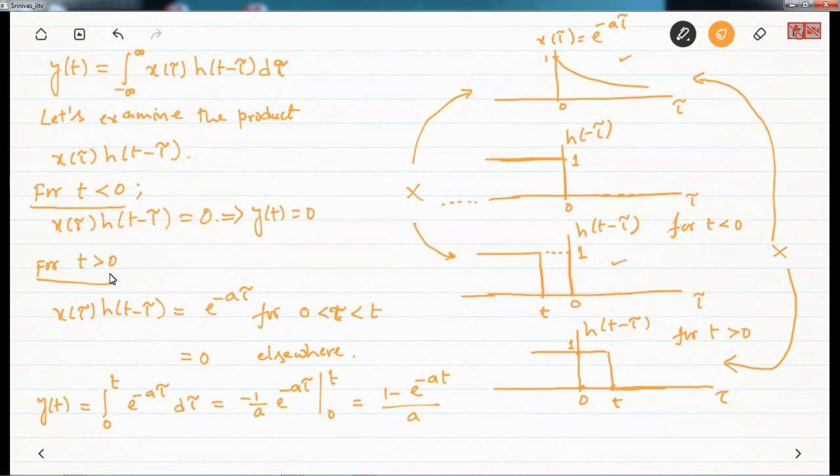So for t greater than 0, y of t is this, and for t less than 0, y of t equals 0.